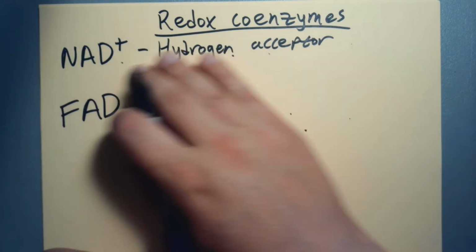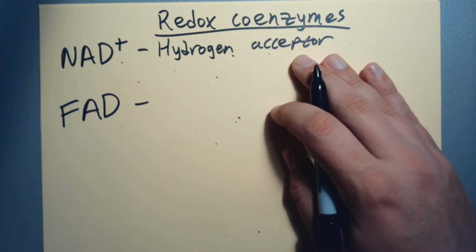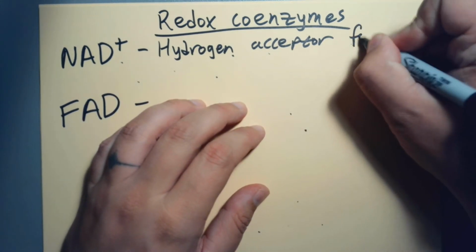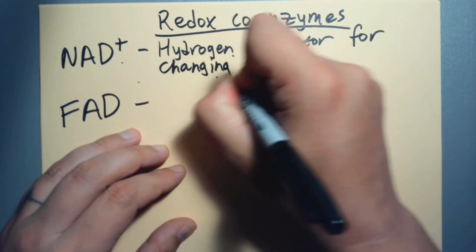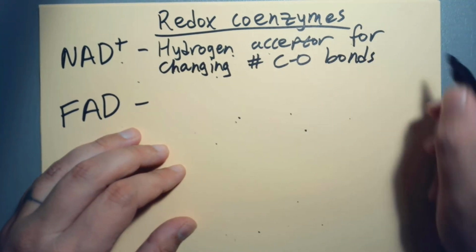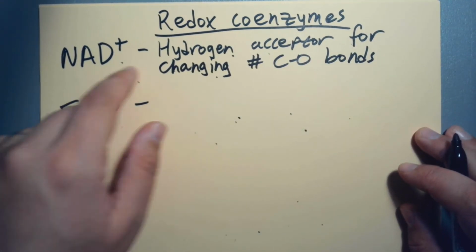Okay, so NAD plus is going to be used to accept hydrogens when you are dealing with changing the number of CO bonds. So if you're changing the number of CO bonds, NAD plus is involved in there somewhere.